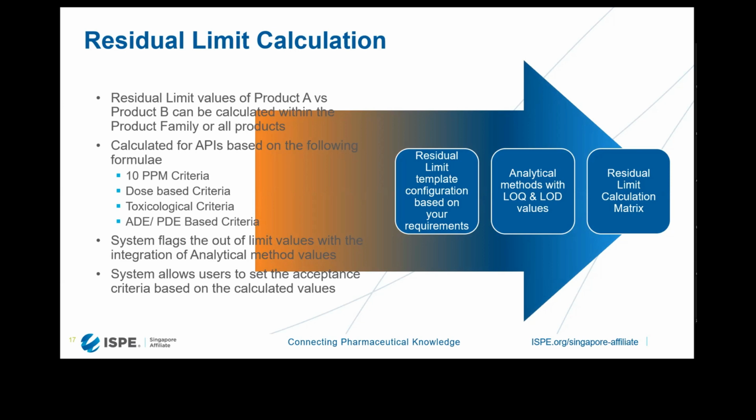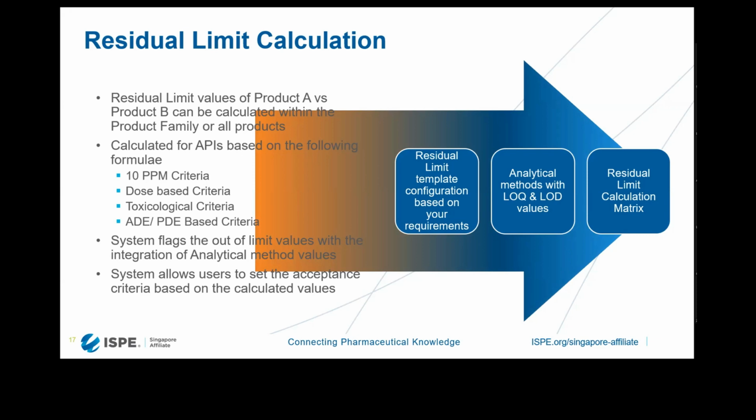We'll help you. And analytical LOQ, LOD is always there, because the system will notify the user. When you go to the residual limit screen and calculate, certain things would turn red. Why is it turning red? Because it is not analytically supported.